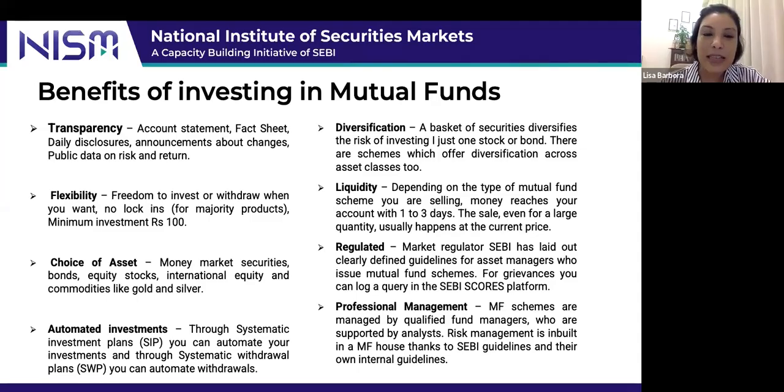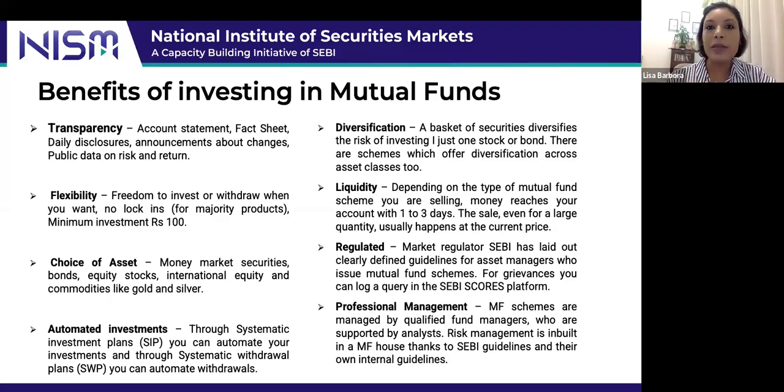There is transparency. You know where you are investing, how much you are investing, at what point you are investing, what is your gain. All details are there in your account statement, which is emailed to you. Plus, there are fact sheets and daily disclosures on the website of the mutual fund where you will be investing. So you can see exactly what is happening in the scheme.